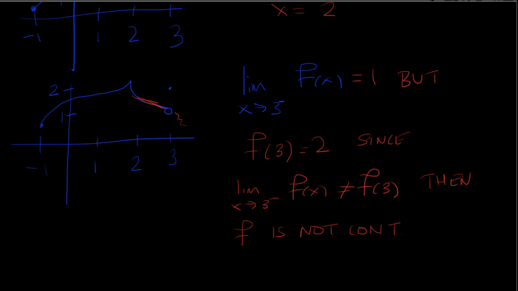So it's not continuous in that interval. Okay, so let's look at a more exciting graph. Let's say we have two lines like this. Let's try this again. So we want to line up these two points on the same x value.